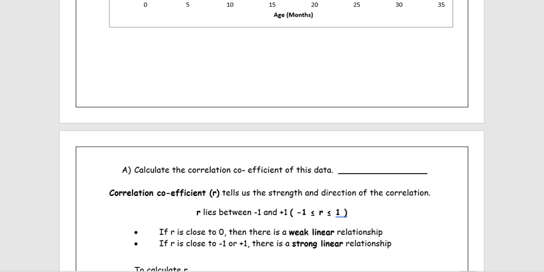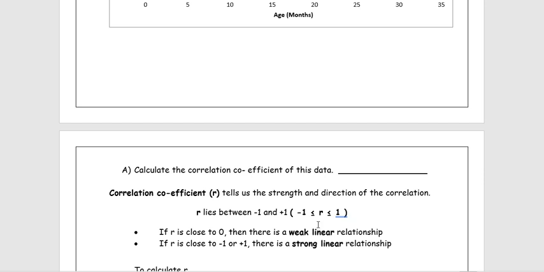Now, I mentioned strong and weak relationships. How do we know if something is going to be strong or if it is going to be weak? Once we have calculated our R value or our correlation coefficient, we're going to notice that our answer is going to be greater than or equal to -1 and less than or equal to +1.